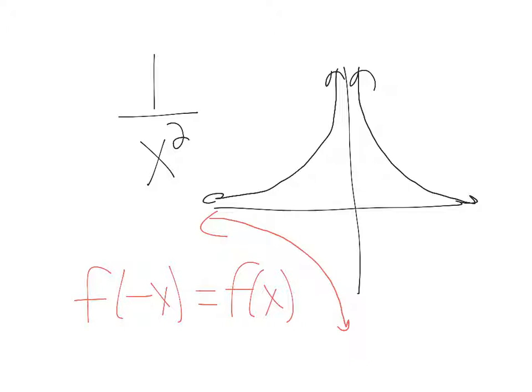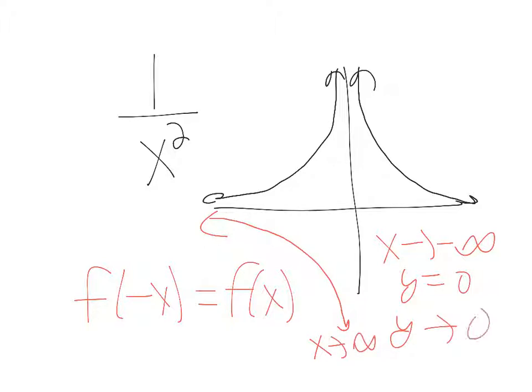Something to keep in mind: as x approaches that vertical asymptote, it's going to head in the same direction. And as we head out to infinity, x is going to get very large. So as x approaches negative infinity, y approaches 0, and as x approaches positive infinity, y also approaches 0.